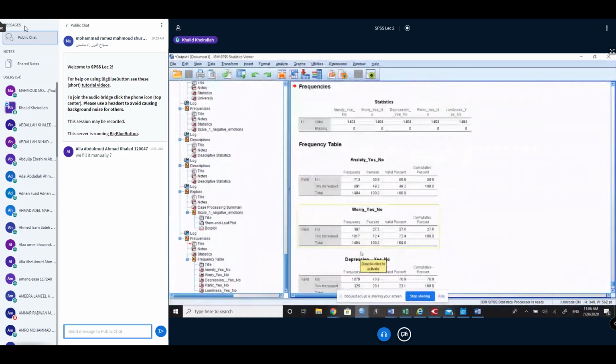Okay. So now the question has changed from increase, did not change, and decrease into yes and no. This table gives you the prevalence of self-reported anxiety among medical students in Jordan. Those who answered yes self-reported that they have anxiety, and the percent is 49.2%.